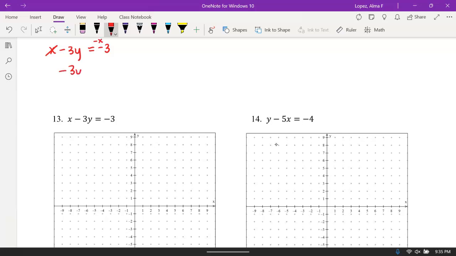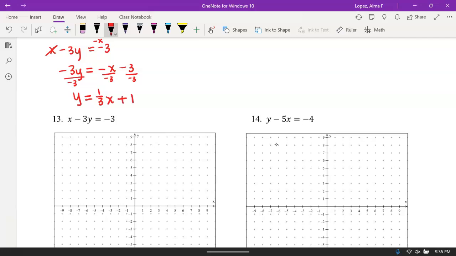That's going to leave me with negative 3y equals a negative x minus 3. To solve for y, I'm going to divide every single piece by negative 3. Remember, do them individually so that you don't have to clean up a complex fraction. You get 3 little tiny fractions that are easy to reduce.